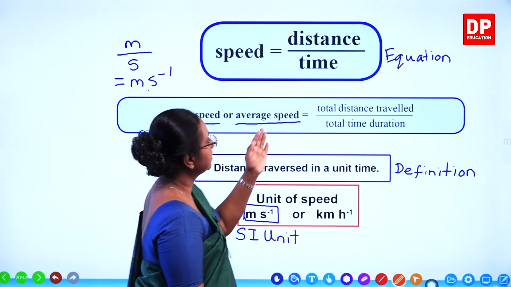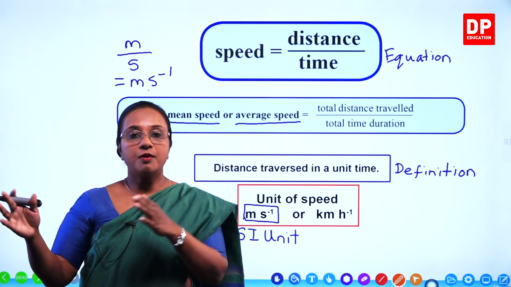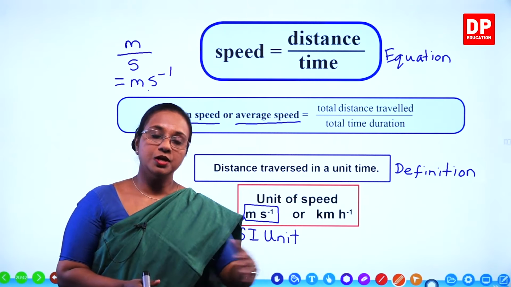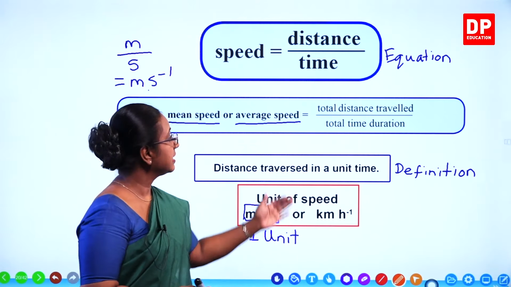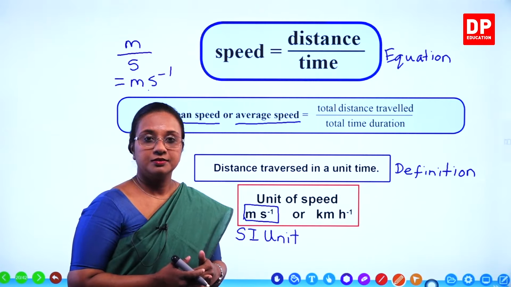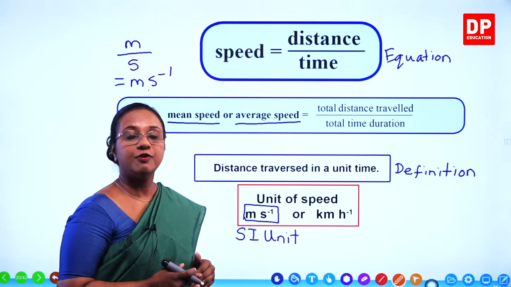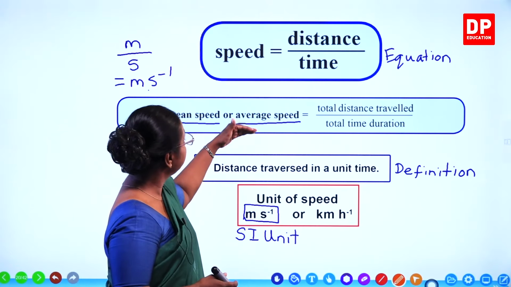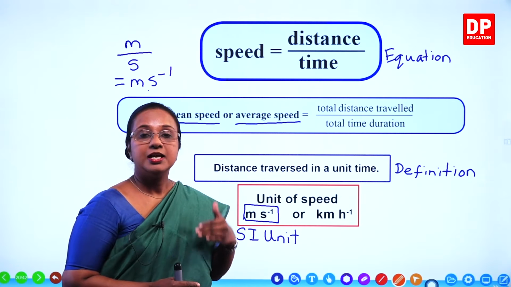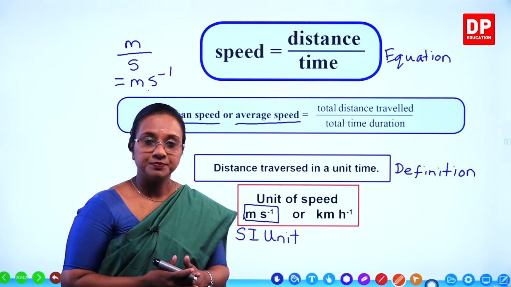Here we consider the total distance traveled from your home to school, the total distance and the total time duration. Only difference is here we are calculating for each instance. The mean or average speed is calculated for the full journey.